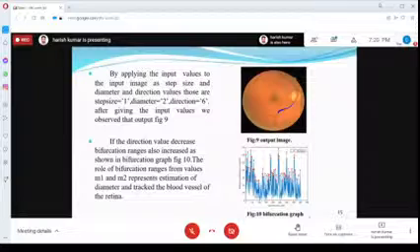These blue dots represent the extreme values of the eye vessel diameter. This red line represents the eye vessel, and these blue dots represent the extreme values of this eye vessel.